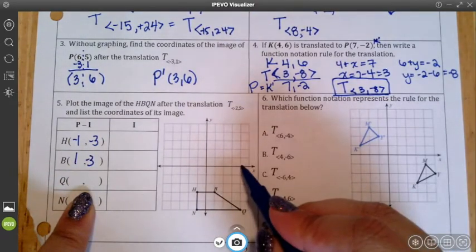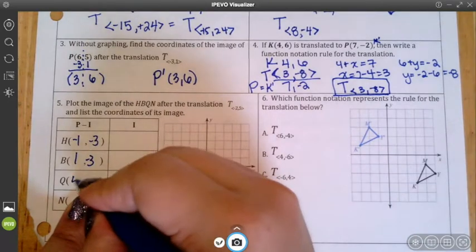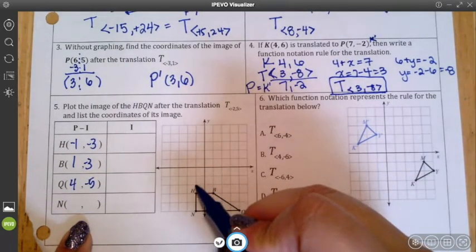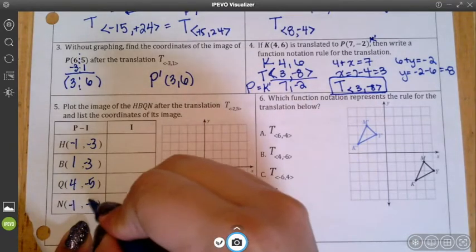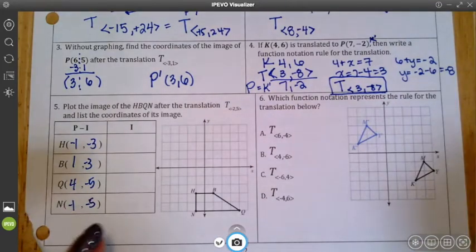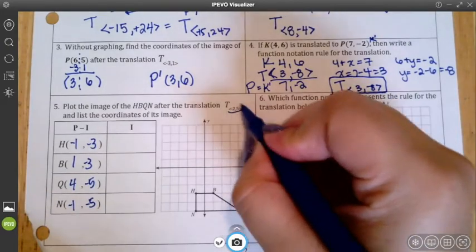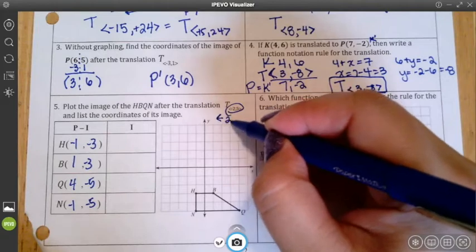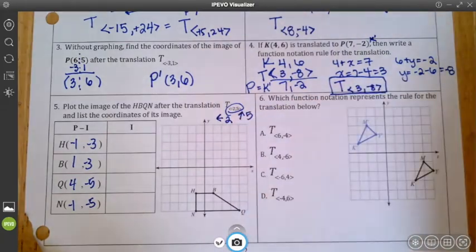Q is at (4, -5). And N is at (-1, -5). And then we want to move them by <-2, 5>. So that means left 2, up 5.